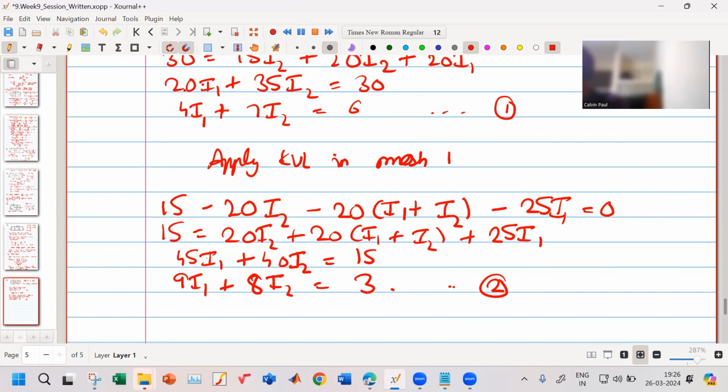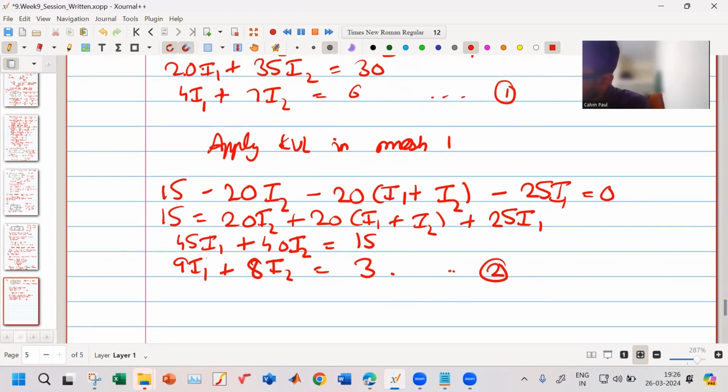Now how will you solve both these equations? By Cramer's rule or by calculator? Okay, what I did was, this 6 is actually 2 into 3, right? So I wrote 4 I1 plus 7 I2 is equal to 2 into 3.